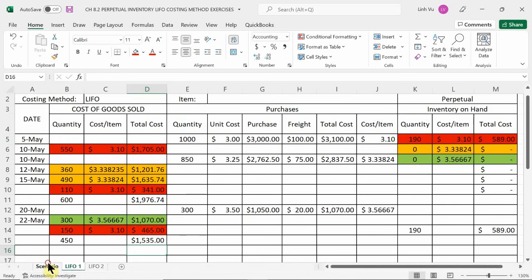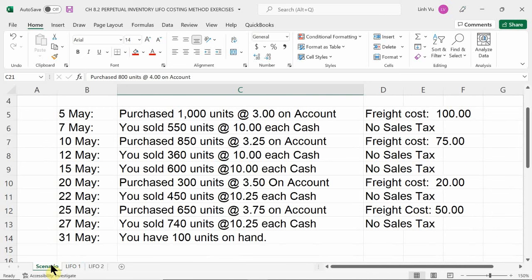So then let's see what happened next. May 25th, I purchased another 650 units at $3.75 each with a freight of 50. So 650, 375, and 50.